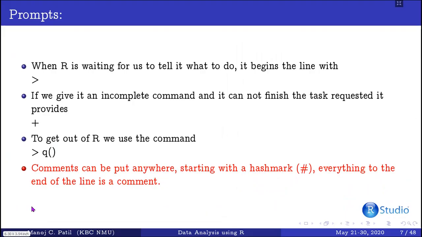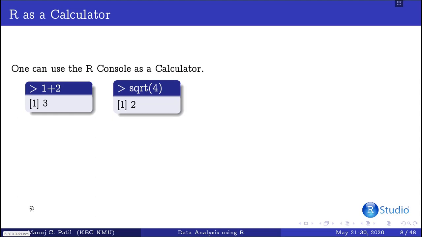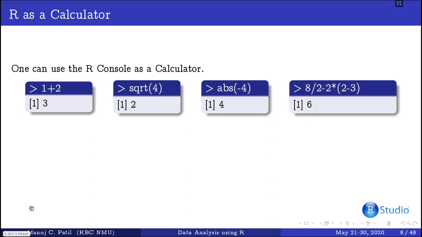So we are again here in the presentation. We can use R as a calculator. For example, we have already used 1 plus 2. We can go for 1 plus 2, square root of 4. sqrt is a mathematical function available in R. We can find the absolute value by using the abs command.